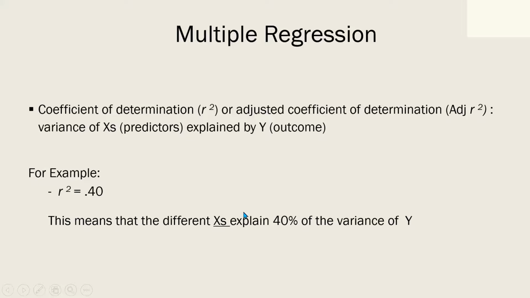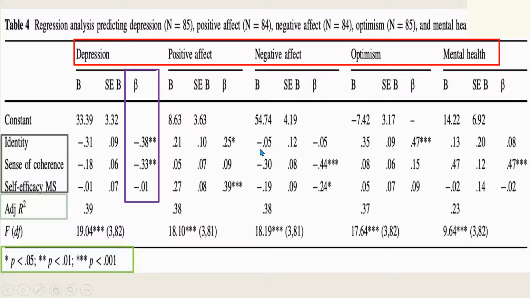Okay, so now that we've explained the basics of multiple regression, here is what a multiple regression table looks like. It's a lot of numbers, but the best way to do it is just to take it baby step by baby step. So what you want to focus on are the highlighted boxes. So you can see here, these are the dependent variables: depression, positive affect, negative affect, optimism, and mental health.